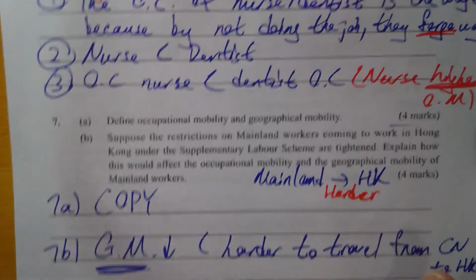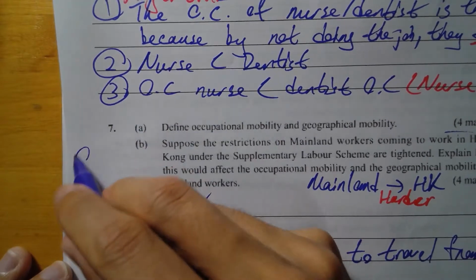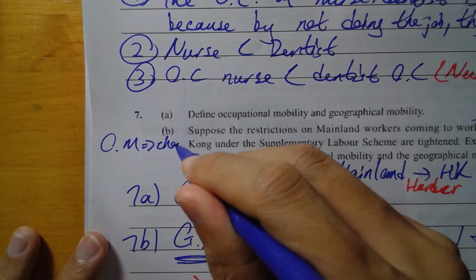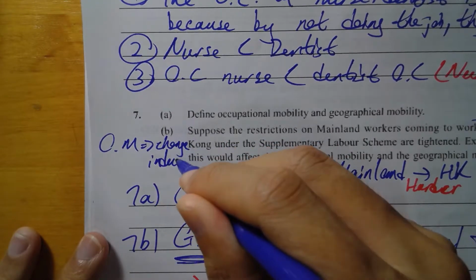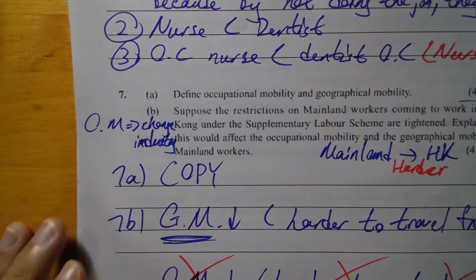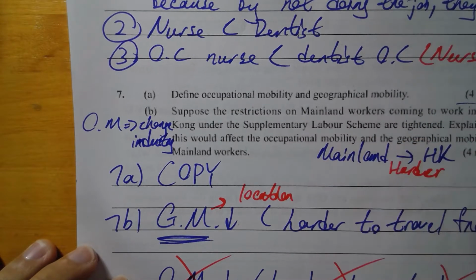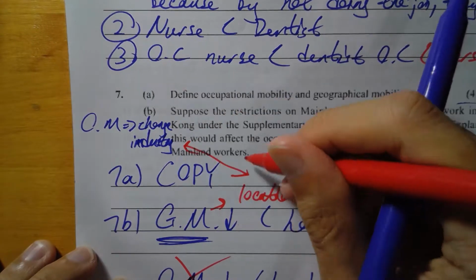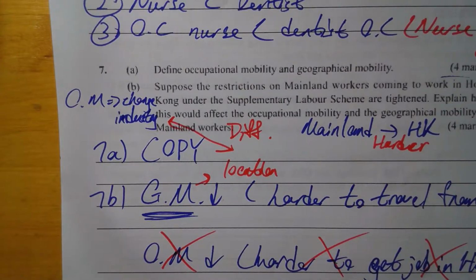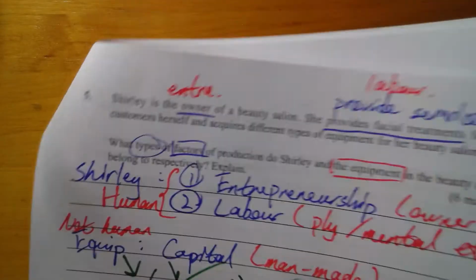So, let me say right here. When we talk about occupational mobility, think about changing industry, 唔同咗行業啦，好唔好啊？由醫生變老師。And this one is location. These two are different, so don't mix them up. OK，唔好撈埋一齊講啦，好唔好啊？So this one, quite easy one. Let's move on.